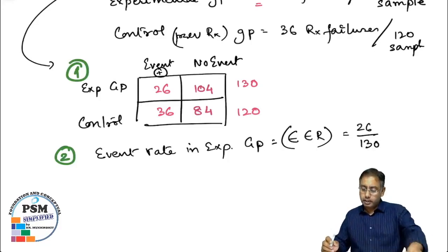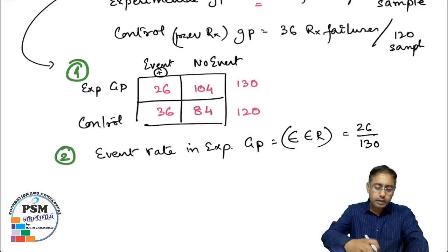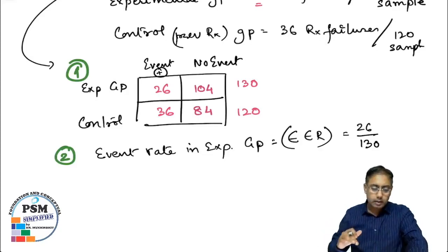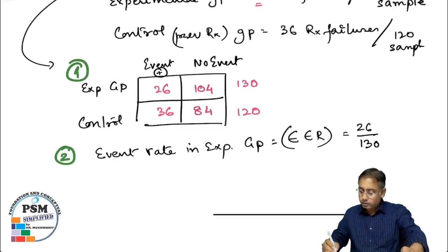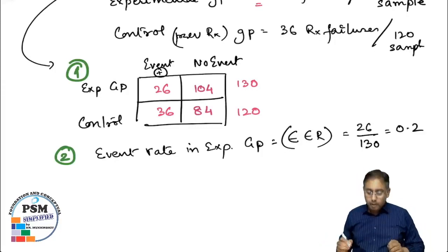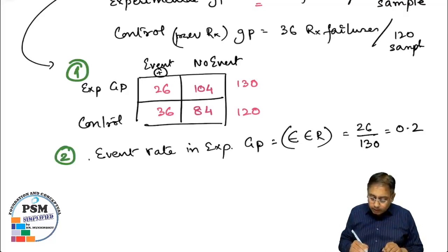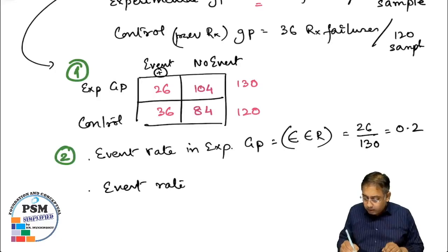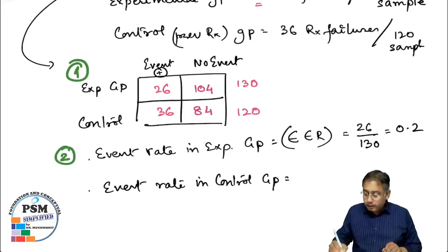So let me take a calculator and find out how many deaths would happen in this group. We can see that 26 divided by 130 comes out to be 0.2. Next, I would like to calculate the event rate in the control group.